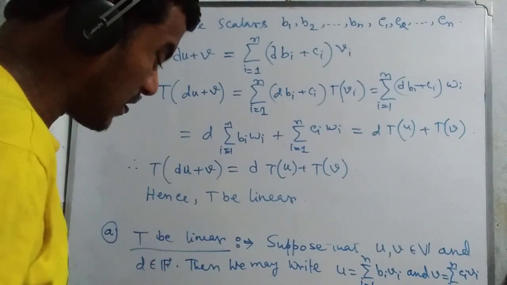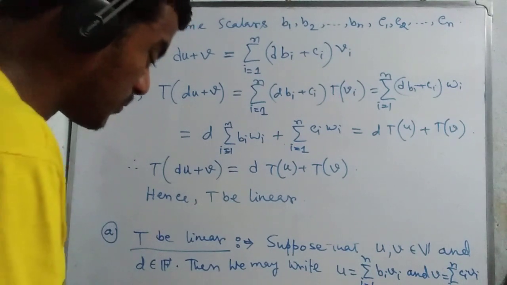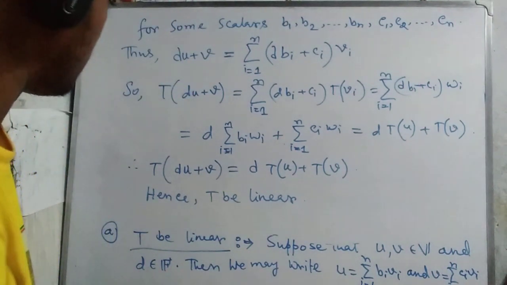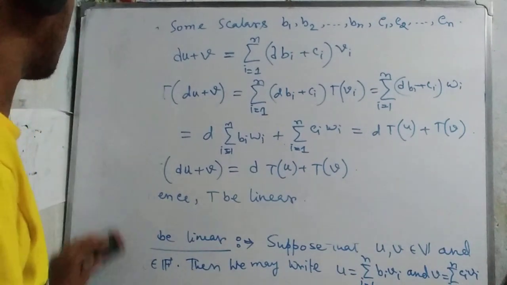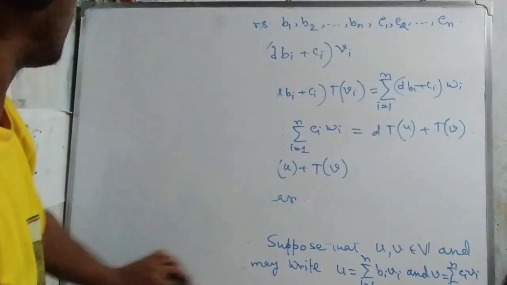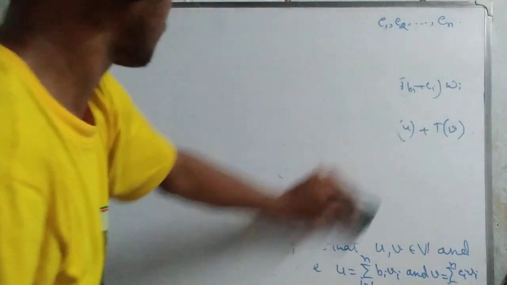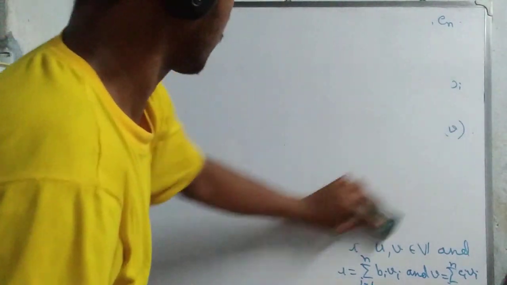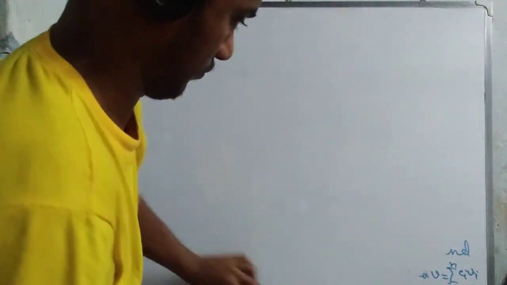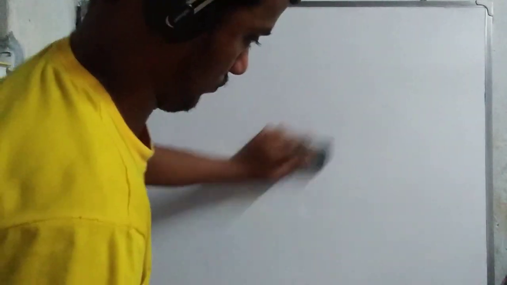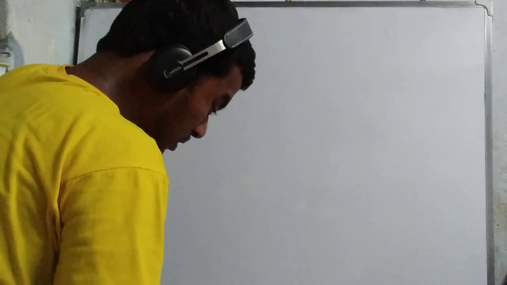Now we erase that portion and go to the proof that T is unique.